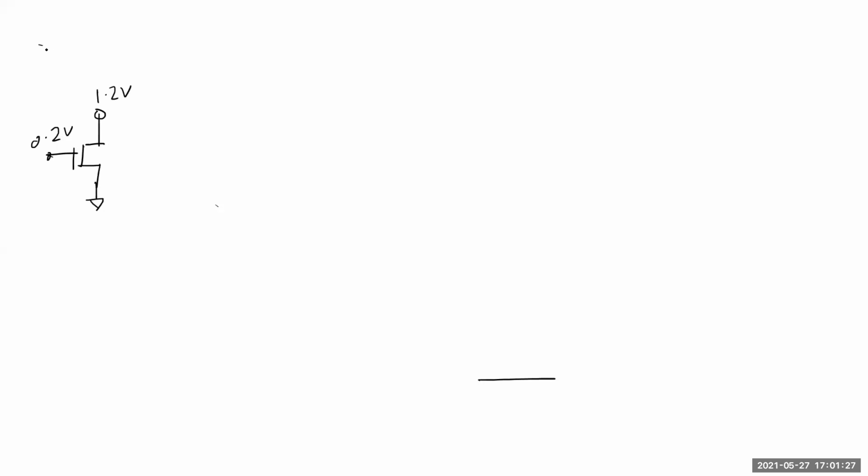Ignore body effect, so imagine gamma is equal to 0. What region of operation is it in? Cutoff, linear, saturation. Oh, sorry, I have to give you the VT value. So VT is 0.4 volts.